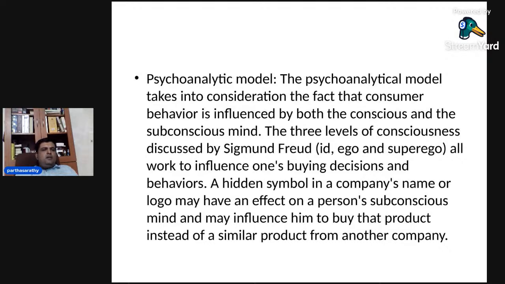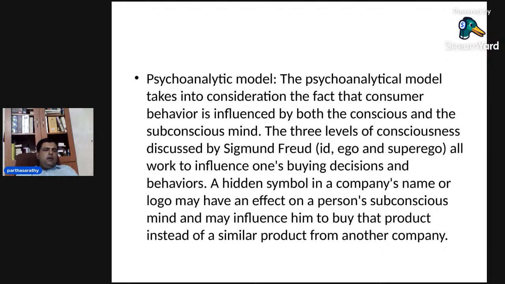If the id is based on pleasure, the ego is based on reality, and the superego is judgmental. Judgmental about what? About what is right and what is wrong, which has been taught to that individual right from his childhood.